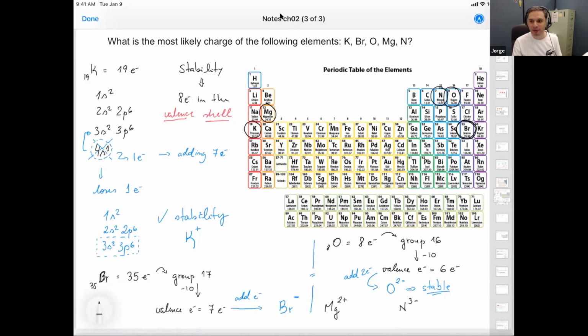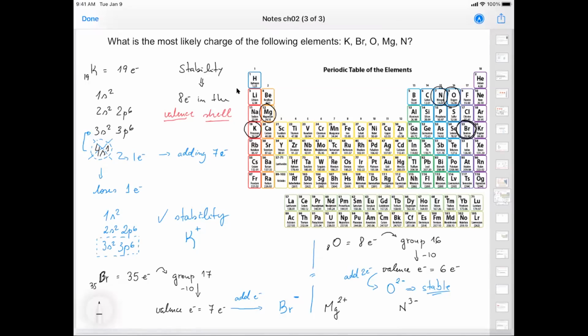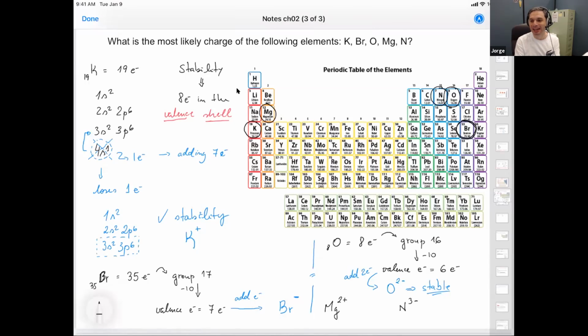There is no free lunch, right? So if you are gaining electrons, someone has to give you electrons. And that's the driving force to form compounds. If bromine needs to gain electrons, someone needs to give those electrons.